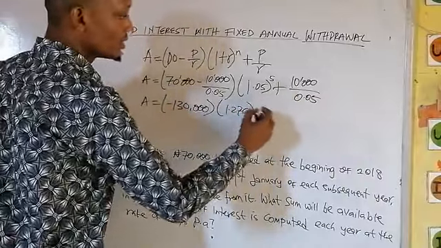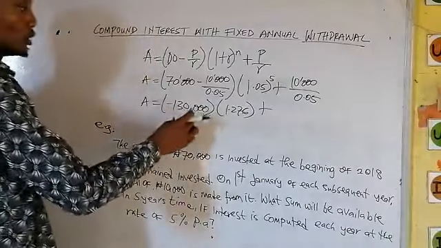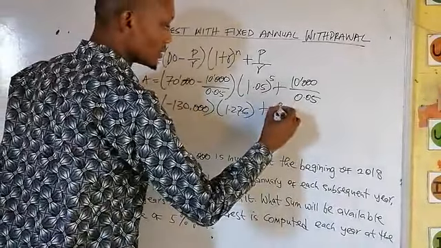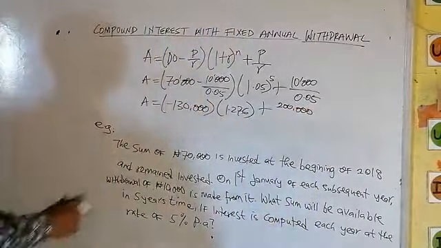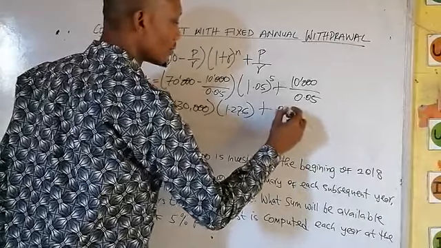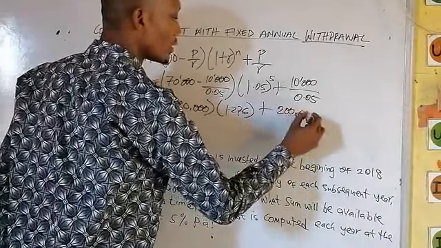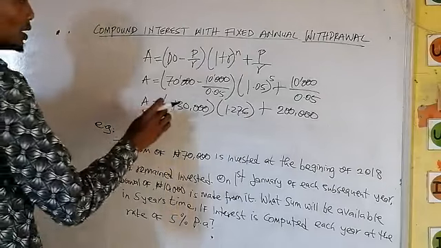Plus 10,000 divided by 0.05, which is 200,000.